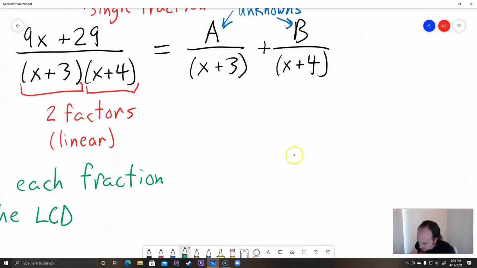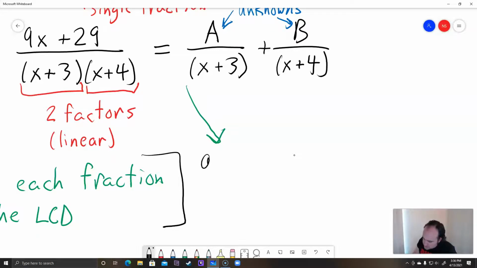Okay, so if I rewrite this down here, on the left side we're already good. On the left side we already have a common denominator, a complicated denominator: x plus 3 times x plus 4.